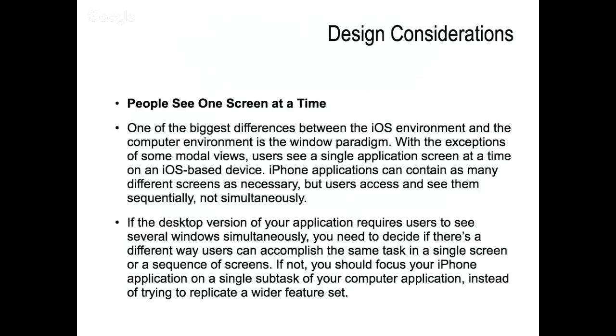But for the most part, when you're creating an app, you need to also make sure that people can only see so much text, because the text can be kind of small the more you put in there. So the desktop version of your application requires users to see several windows simultaneously. You need to decide if there's a different way that users can accomplish the same task in a single screen or sequence of screens. If not, you should focus your iPhone application on a single subtask of that computer application.